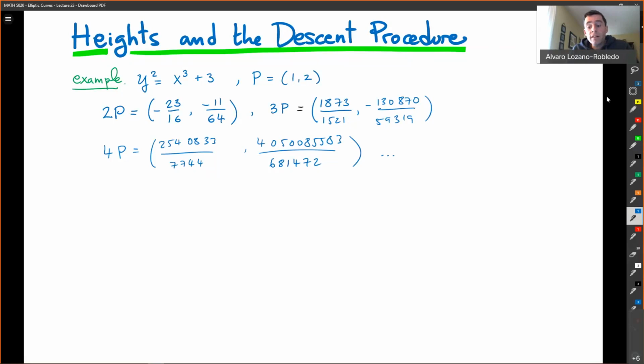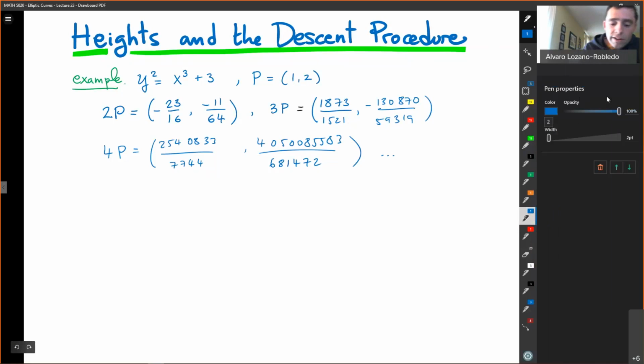But in any case, you see what happens with the height, that the height of the multiples of P is growing very quickly. And this is, in fact, what we're going to use to prove the Mordell theorem. This is just the typical case where the height of multiples of P are going to grow very fast. So we're going to use that in our favor.